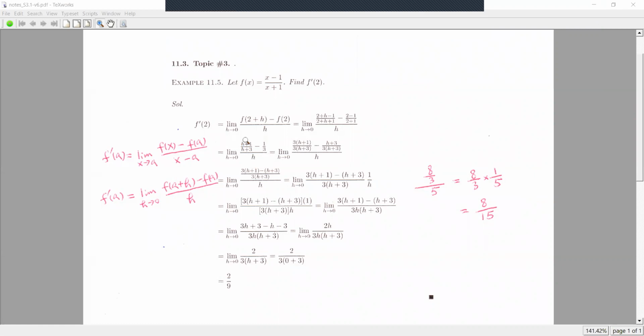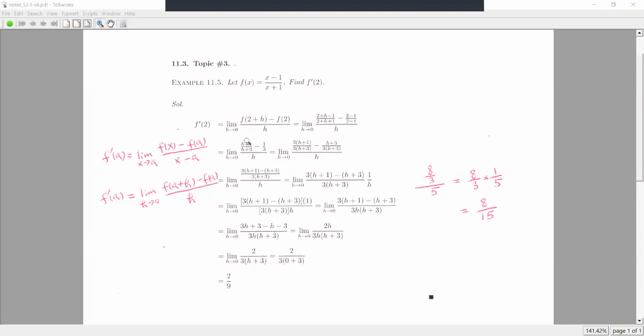The denominator in the first term is h plus 3, and the denominator in the second term is 3. The common denominator is 3 times h plus 3.